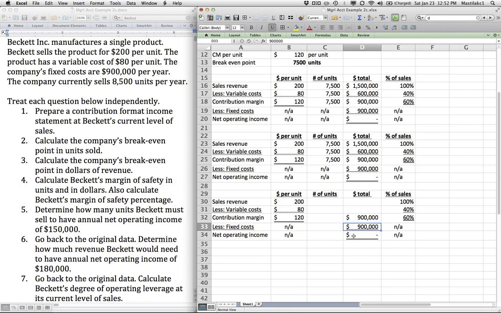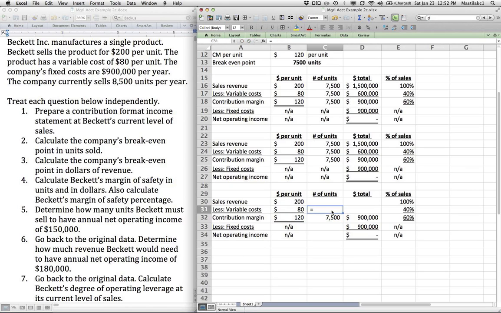Contribution margin minus fixed cost is net operating income, so net operating income plus fixed cost will get you back up to contribution margin. Now we know that contribution margin has to be 900,000, and we know that contribution per unit is $120. So we can set our number of units equal to contribution margin divided by contribution per unit, and we get 7,500.